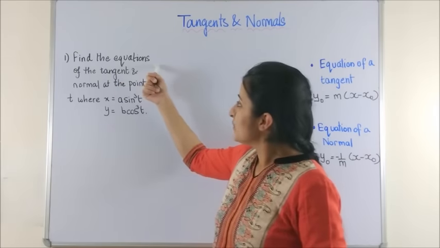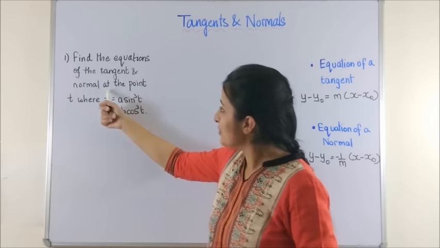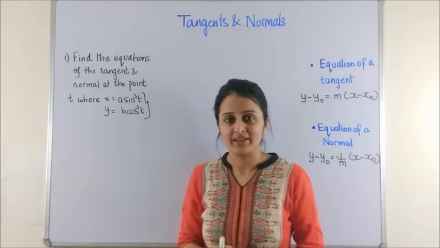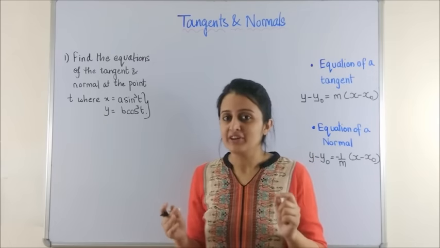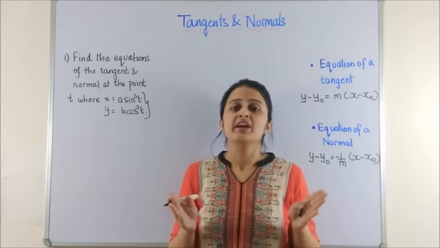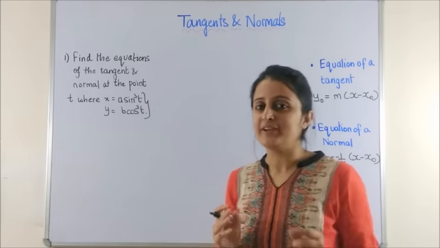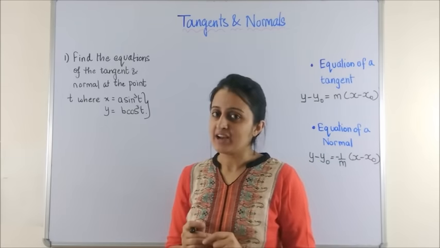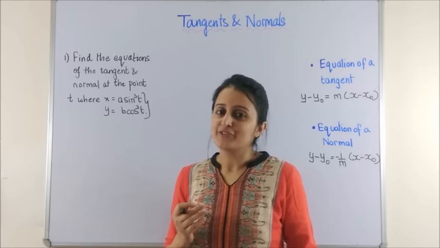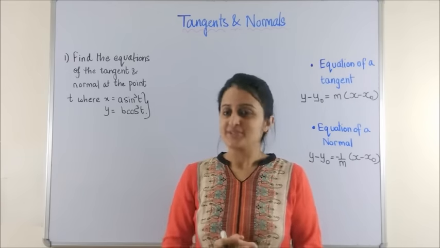It says find the equations of the tangent and normal at the point, and the point has been given this way. Now you might not find any curve directly, but you have done parametric differentiation. If you are not very clear with differentiation, please check out my playlist on the same topic, which covers all types of topics in structured videos.